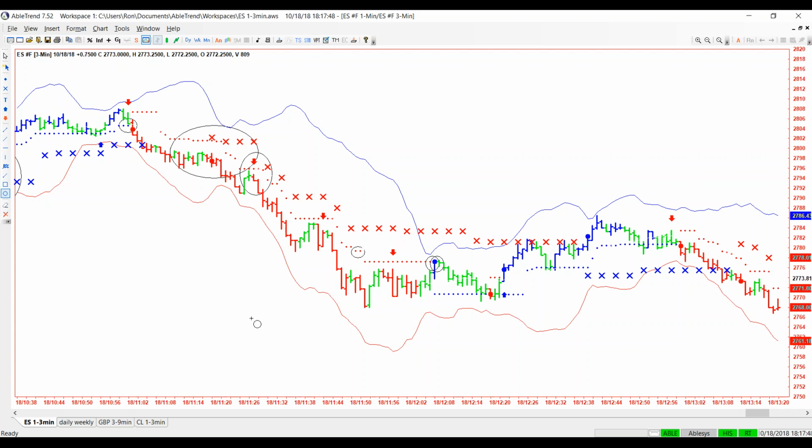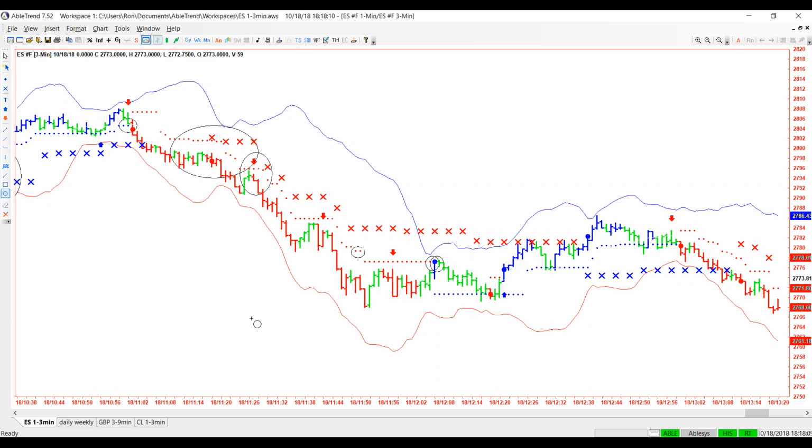ES is another option. If you don't like the added volatility of NQ, which can definitely be a little crazy, totally understand that. Just go to ES. You won't have as many trades, and you probably won't have as much profit, but then again, you won't have as much risk. It's all relative. More risk, more profit, but bigger losses.